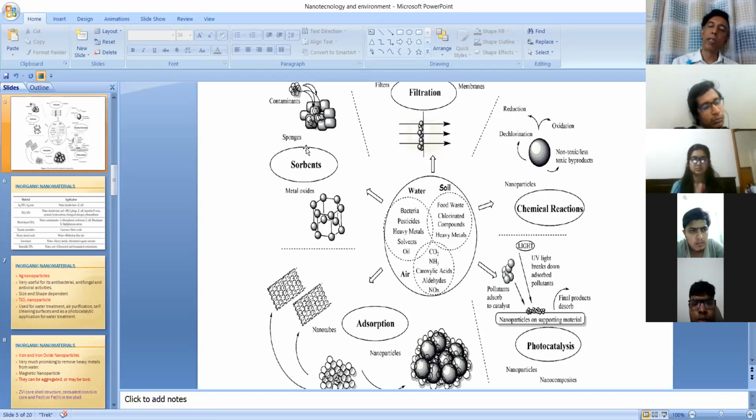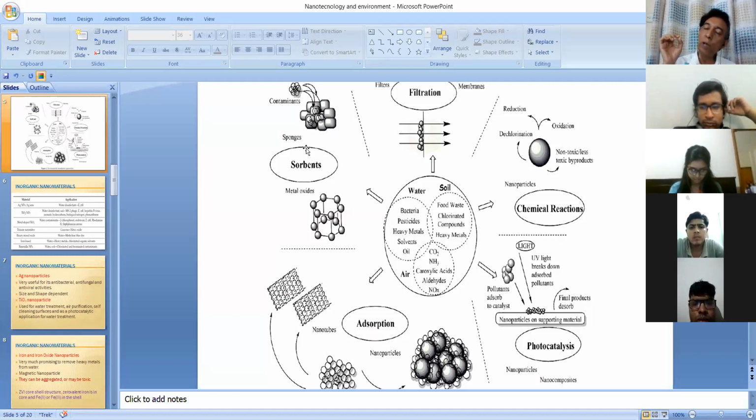If you have an ETP, for example, an industry must have an ETP, an effluent treatment plant. If you can use nanoparticles in the ETP, then the efficiency of that ETP will be higher. Why?